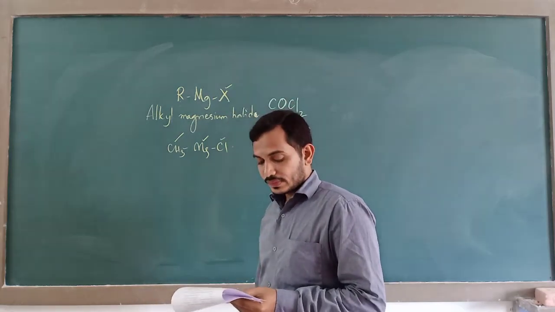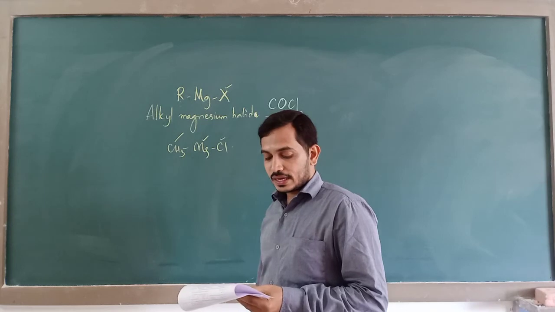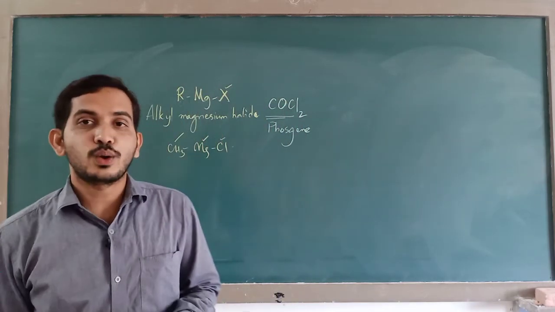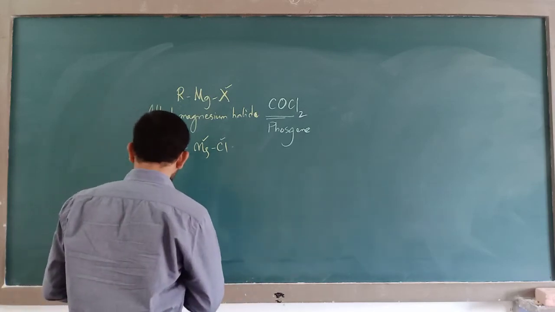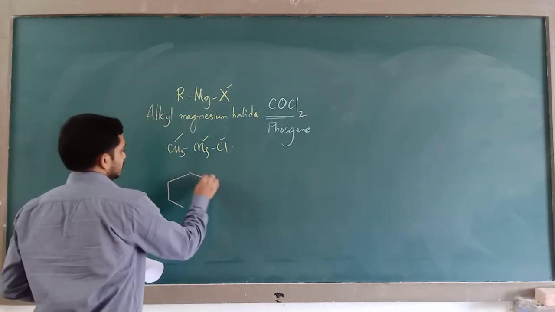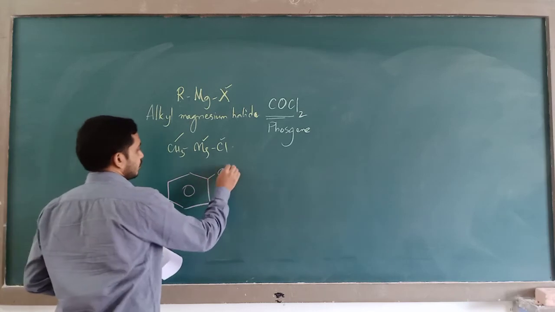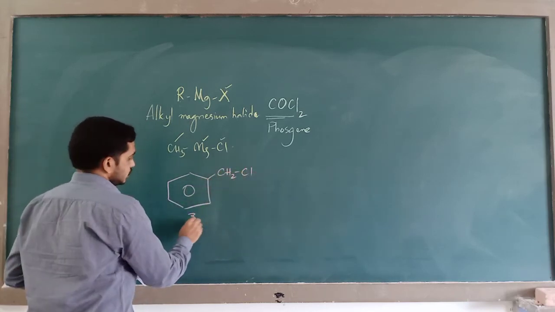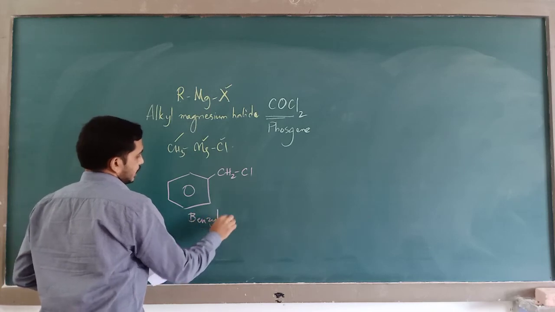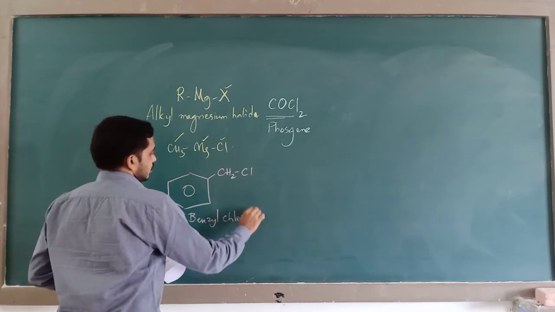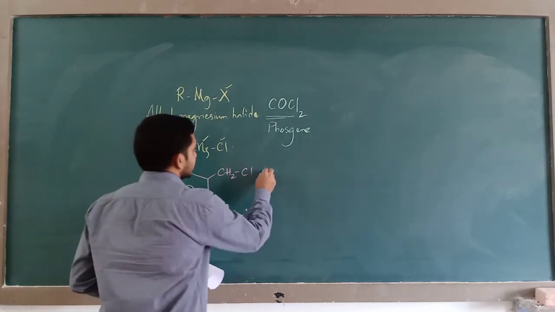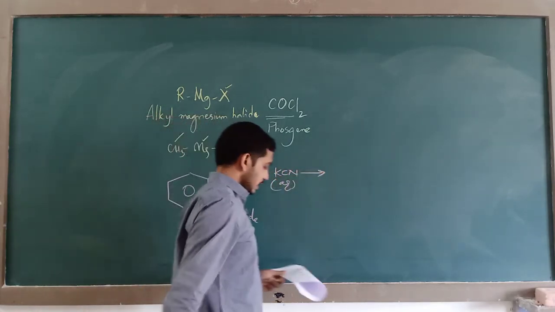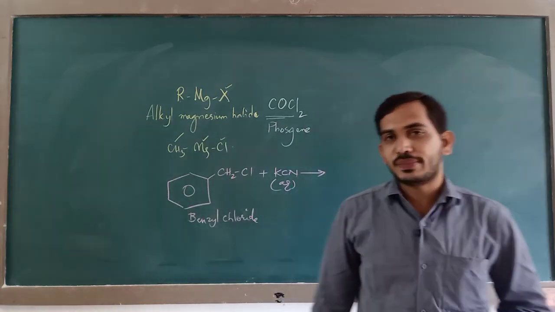15th, C6H5CH2Cl, benzyl chloride. C6H5 means benzene or phenyl, along with CH2 means benzyl. So this is benzyl chloride. When benzyl chloride reacts with aqueous KCN, what are the compounds obtained?